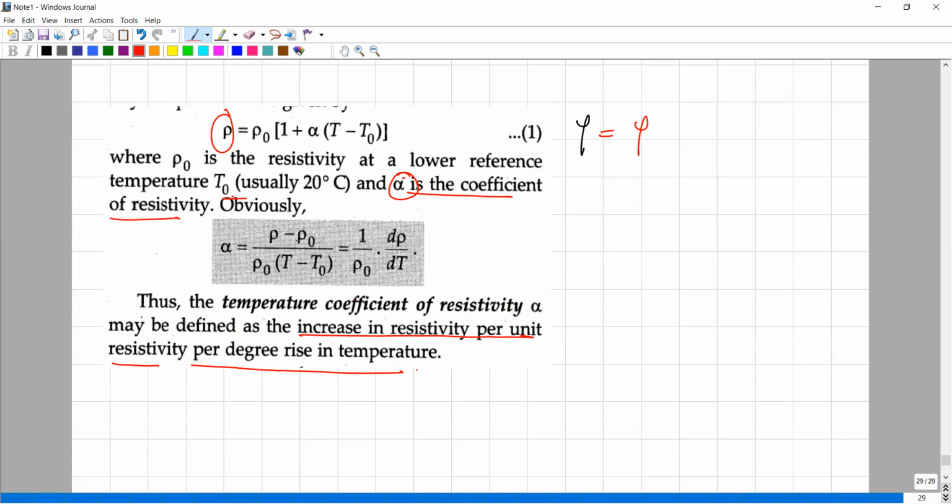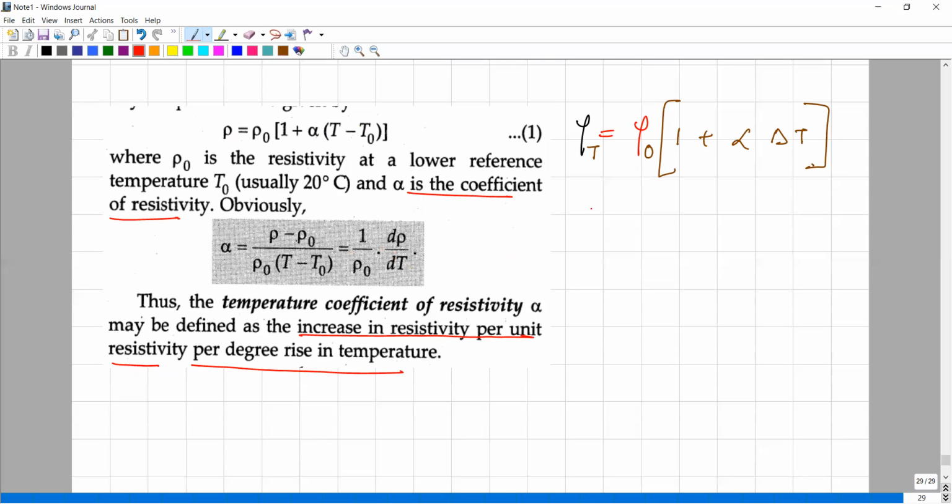Be very careful with the formula here. Resistivity at a temperature T is equal to resistivity at any lower reference temperature times 1 plus alpha times the change in temperature, T minus T naught.